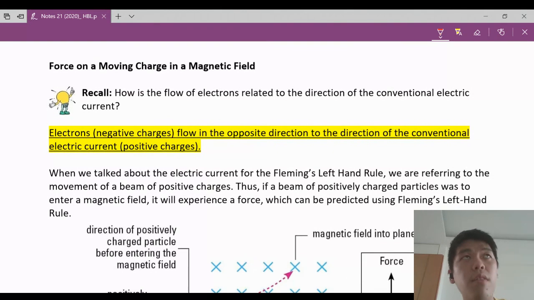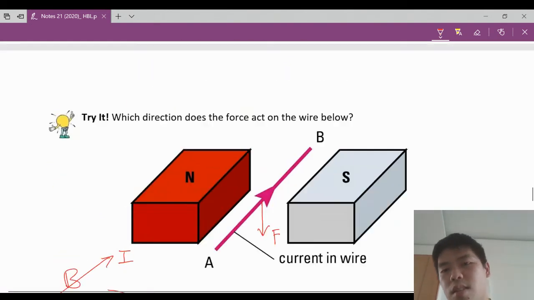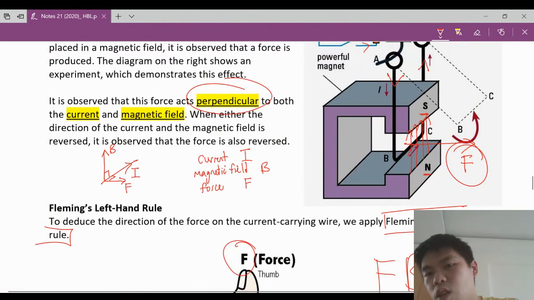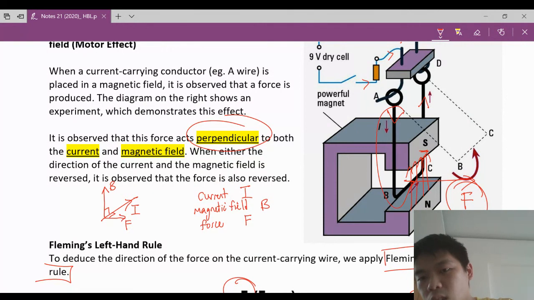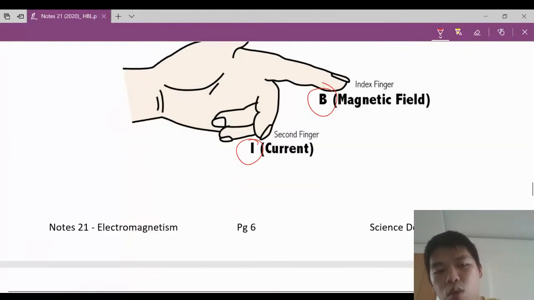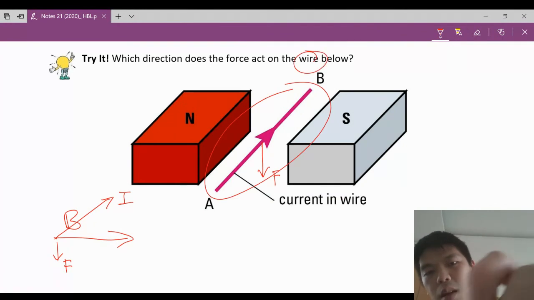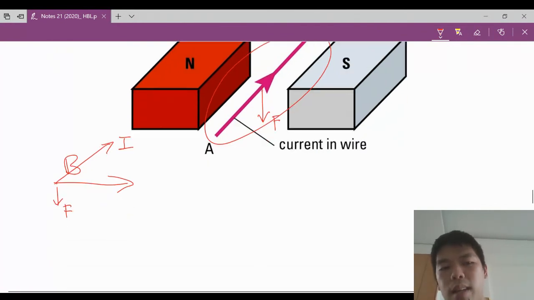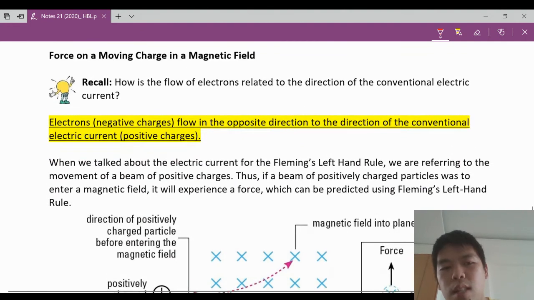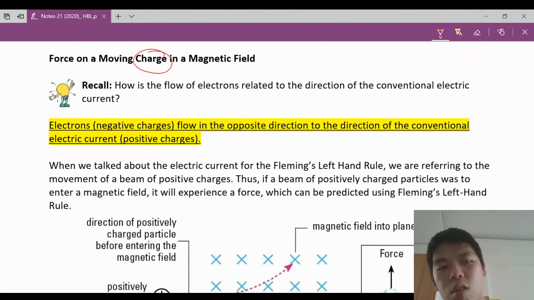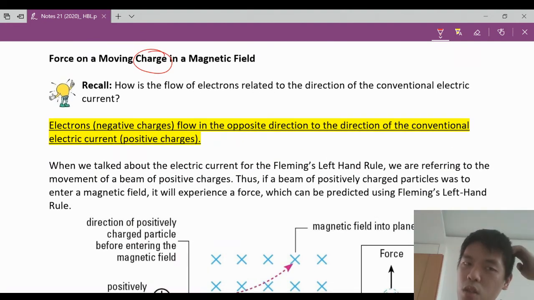Now, instead of having a wire, because just now you can see that they use the whole wire. In the exact practice that we do, can you see this is also a wire? But we do not have to put the whole wire inside. We can also simply use a charge.